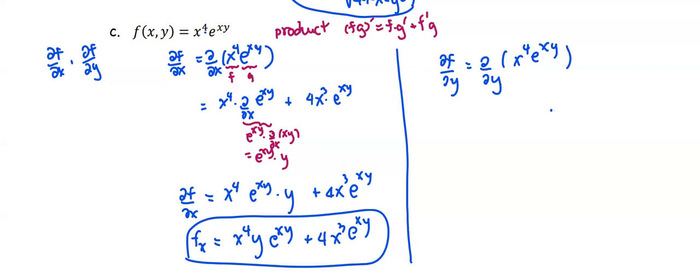When you find the derivative with respect to y, the target is the one involving y. So wherever you see x, you're going to treat it as a constant. That means x to the fourth is treated as a constant multiple of e to the xy. I'm going to write the note here: x to the fourth is treated as a constant.